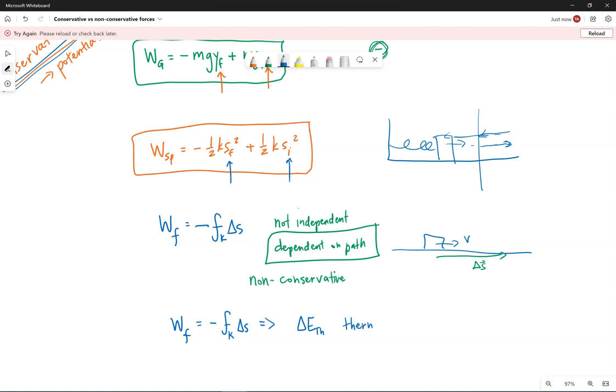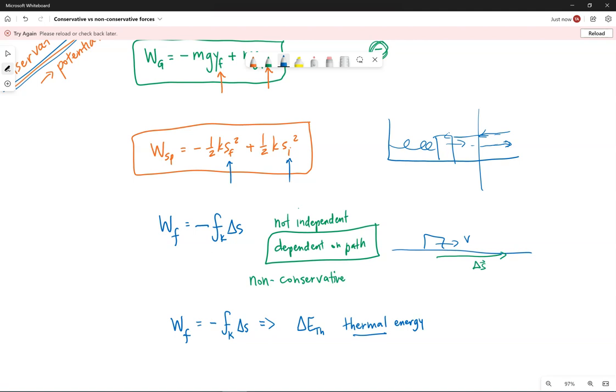We're going to see this as a delta E thermal. And again, thermal energy specifically relates to some sort of change in temperature. The surfaces end up a little bit warmer than they were, so a bit higher of a temperature, and that thermal energy is what is created as friction is applied.